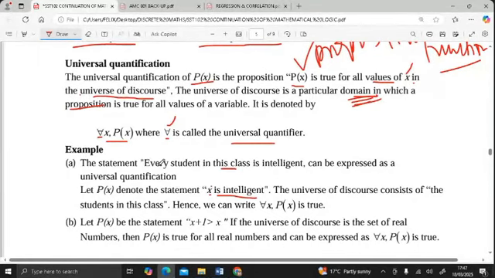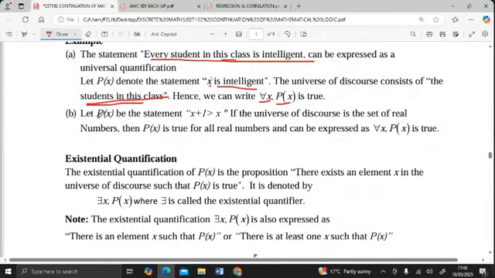And how do we write that? We write it this way: for every x, P(x), where the symbol for this one is called the universal quantifier. Look at this example. The statement, every student in this class is intelligent, can be expressed as follows. Let P(x) denote x is intelligent. You can see that is intelligent is the predicate P, and x is a student in that class.